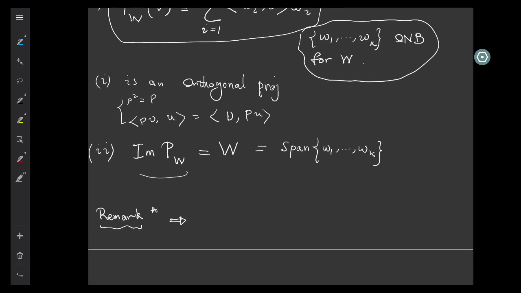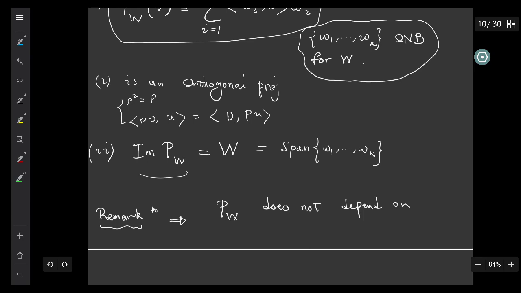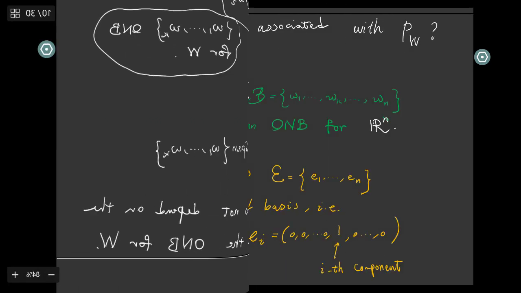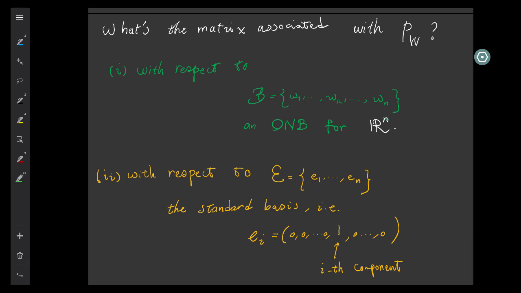One of the consequences is that Pw does not depend on the choice of the orthonormal basis for W.